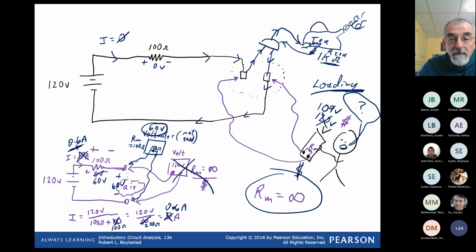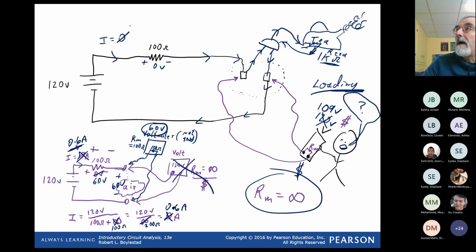A tea kettle certainly will load down the circuit. It's a load. A motor, anything you plug in will cause the voltage to drop slightly if it's a good system. If too many things are plugged in, we get what's called a brownout. We might drop the voltage too much and cause a power outage.